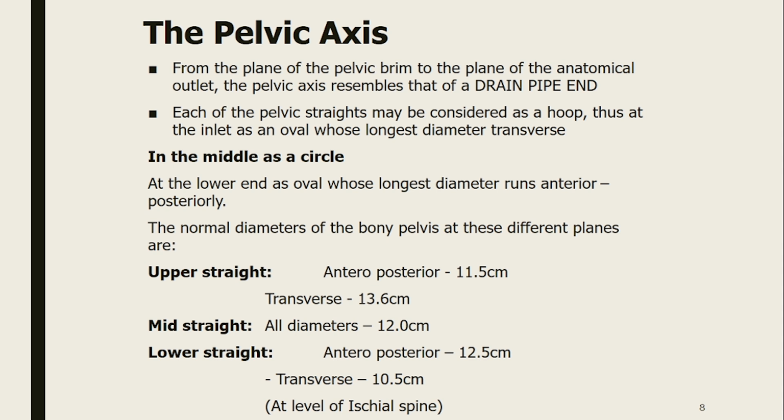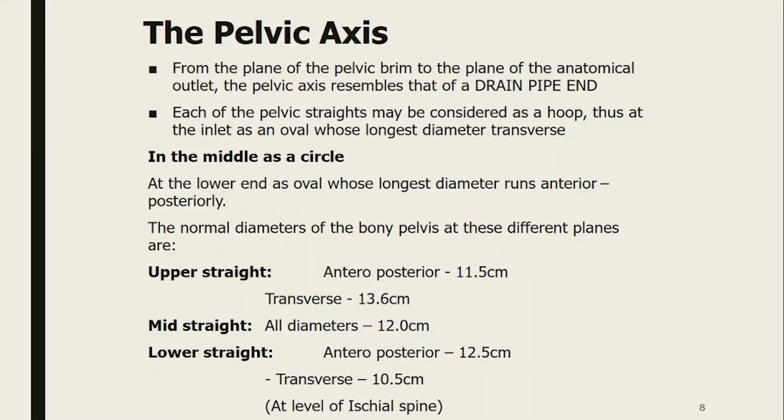Again, if you look at it from the top, the plane of the anatomical outlet, the pelvic axis resembles that of a drain pipe. And each of the pelvic straits will be considered as a hoop. Thus the inlet is an oval whose longest diameter runs transversely.